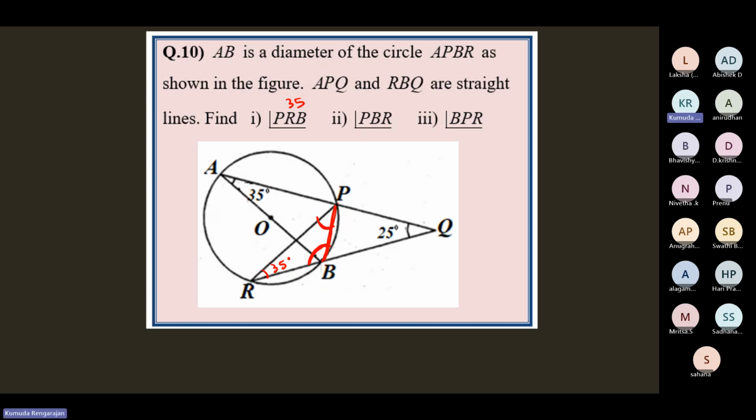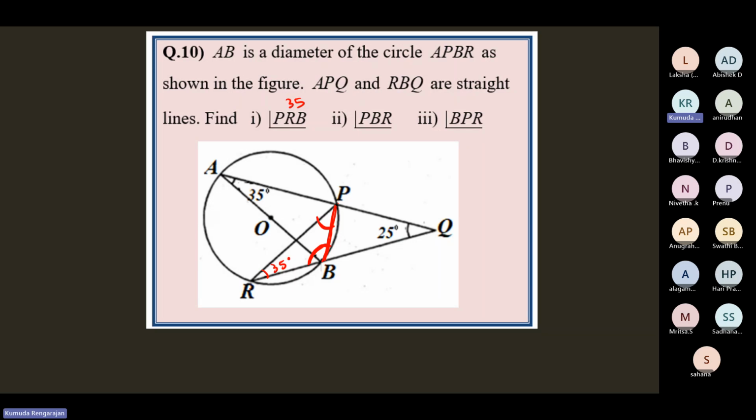Can we see a diameter here? Diameter. Children, can we identify the diameter in the figure? Yes, ma'am. Which is the diameter?